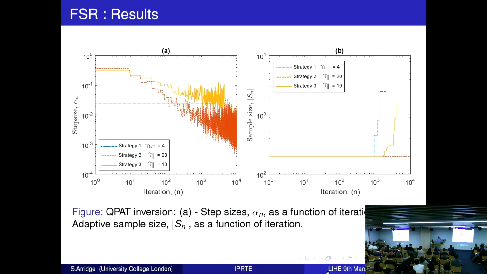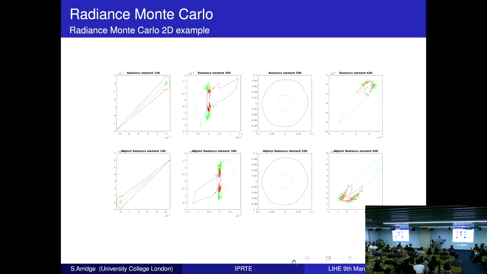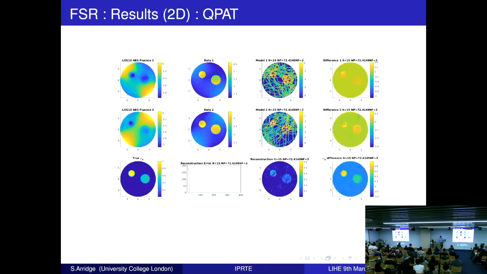Okay, so let's remind ourselves that to do this in 2D, we need this radiance Monte Carlo, so there's that picture again. And next, because I think we didn't start quite on time, let me get to the end. This is now the 2D version, the same thing. So now we see a few things.